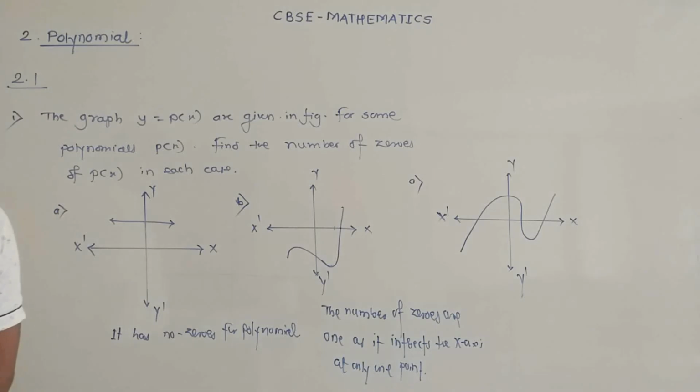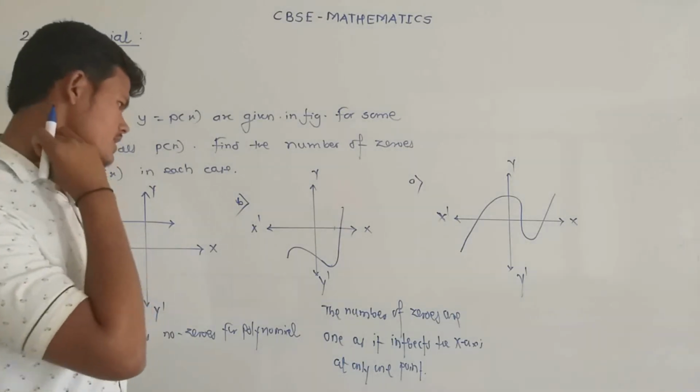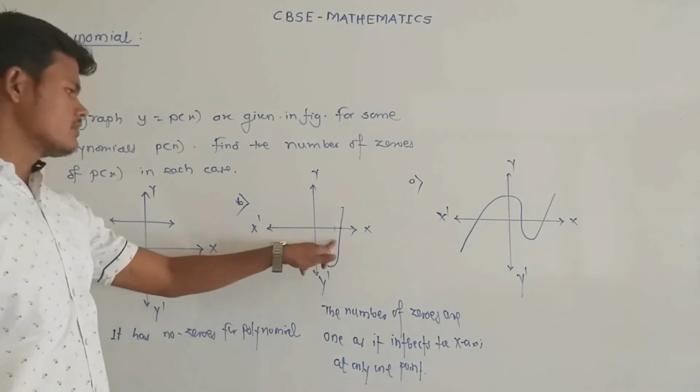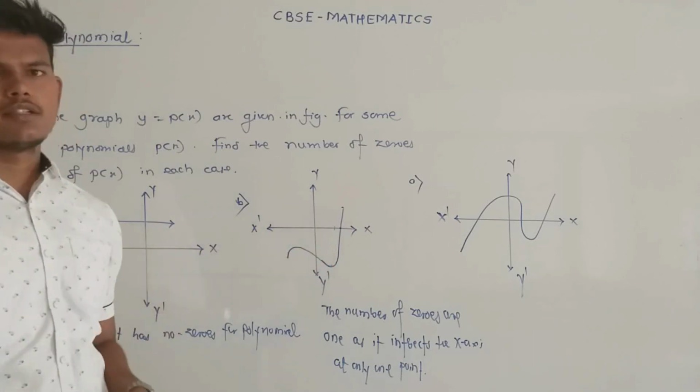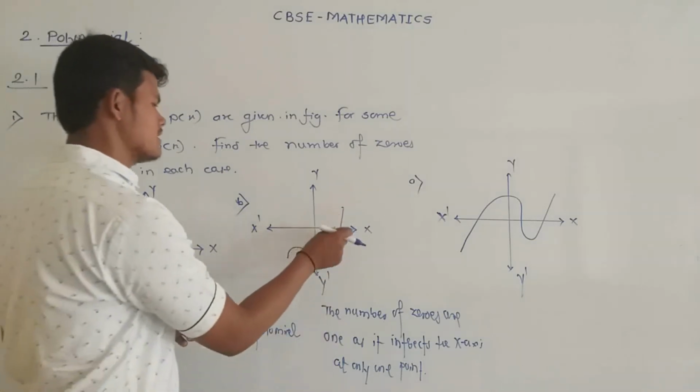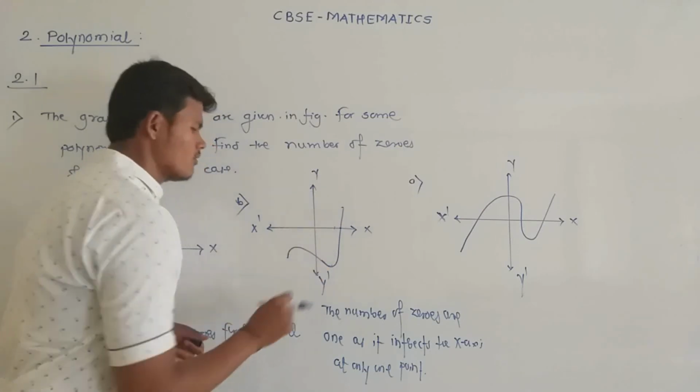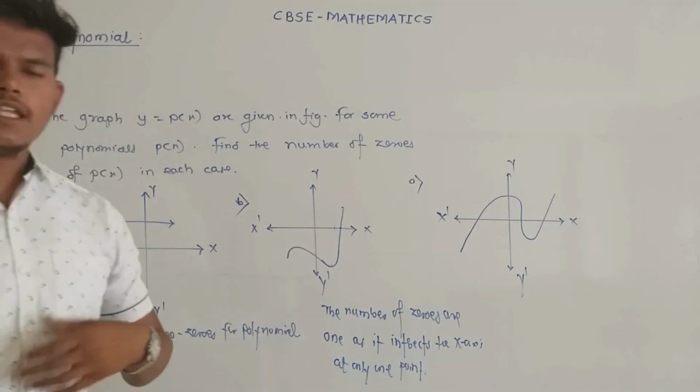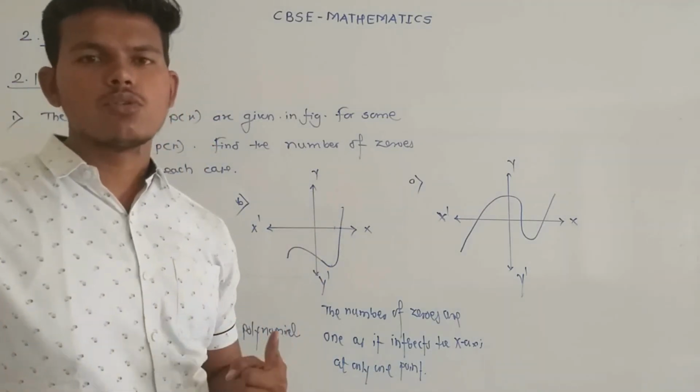From the graph, we conclude that the polynomial is linear because it intersects the x-axis at only one point. Because for a linear polynomial, at most 1 zero is there.